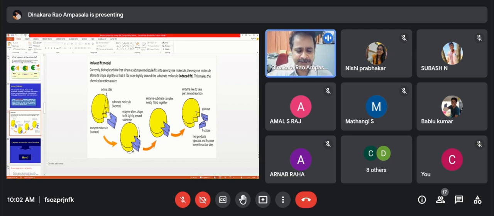When it is in native form, all the active site binding residues come close together. That portion we call the active site.